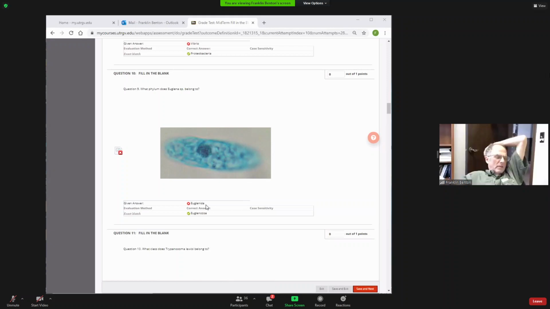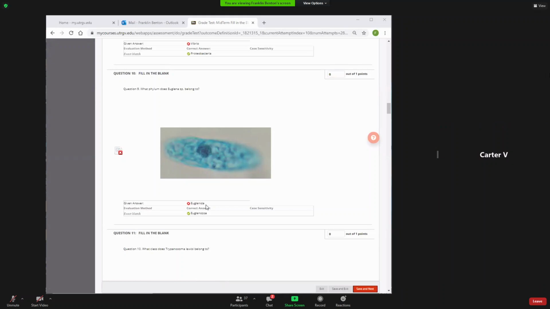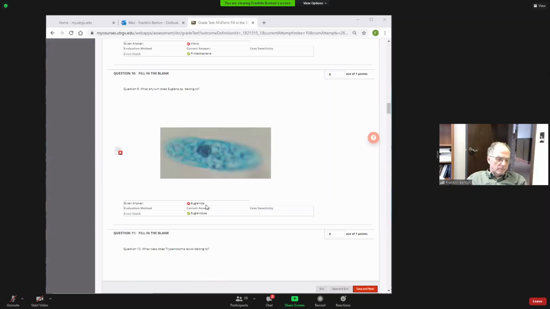I don't know why that was there. It was like Euglenozoa and then Euglenida, and previously in the study guide we had been given Euglenophila and Euglenozoa as the two options. So I assumed one was a substitute for the other.